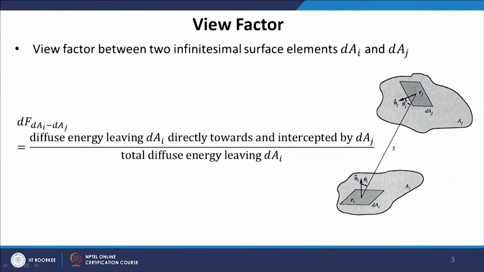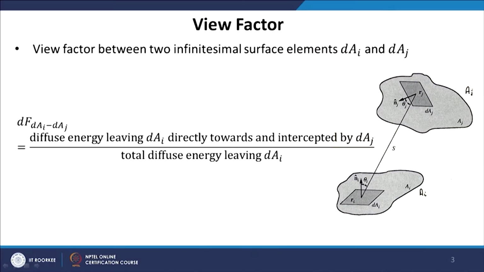The definition of view factor goes like this: for two surfaces Ai and Aj, let us consider infinitesimal areas dAi on surface Ai and dAj on surface Aj. The view factor between these two infinitesimal surfaces is defined as the diffuse energy leaving surface dAi directly towards and intercepted by surface dAj, divided by the total diffuse energy leaving surface dAi.